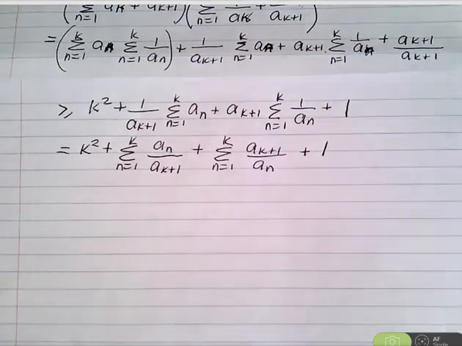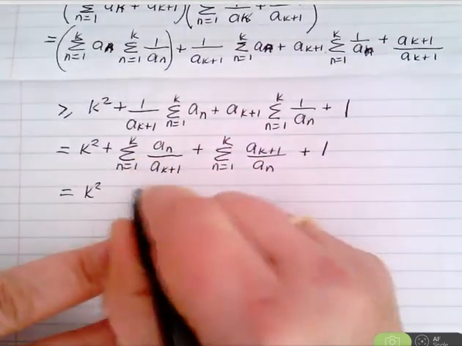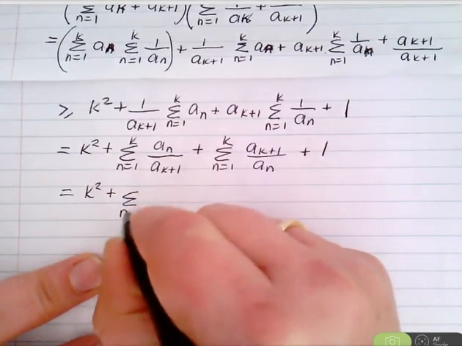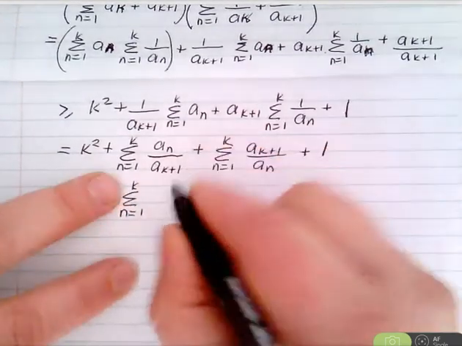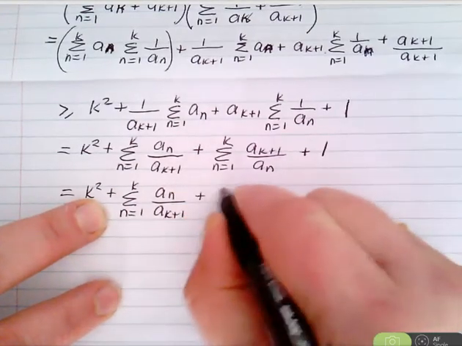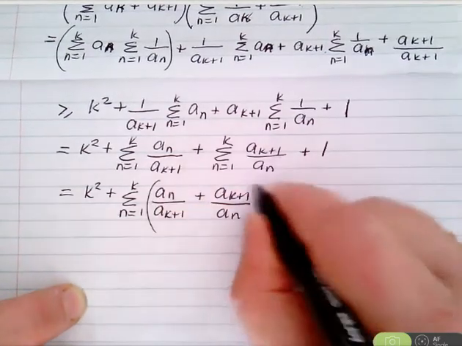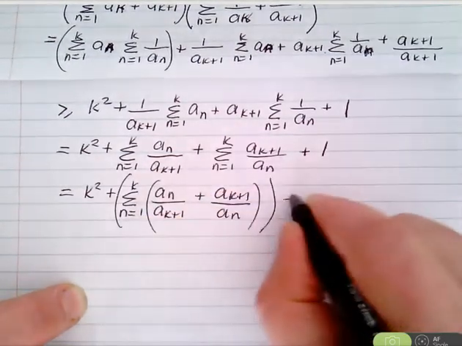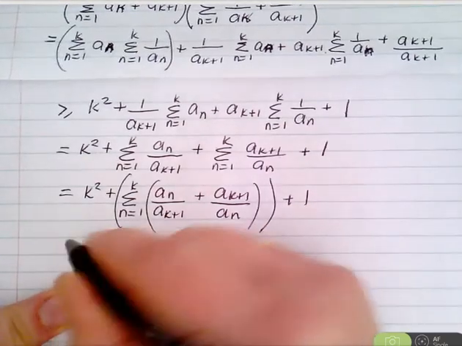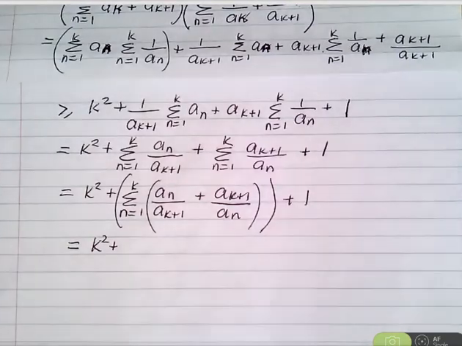Noticing we're summing from n is 1 to k for these two things, so we'll combine them together: the sum from n is 1 to k of a sub n over a sub k plus 1, plus a sub k plus 1 over a sub n, plus 1, which equals k squared plus... remember we're trying to show that it's greater than or equal to k plus 1 squared.